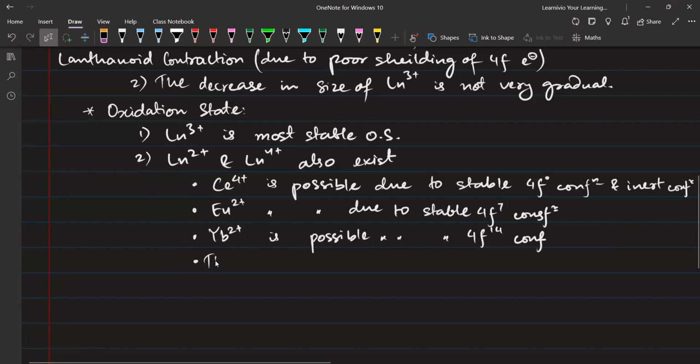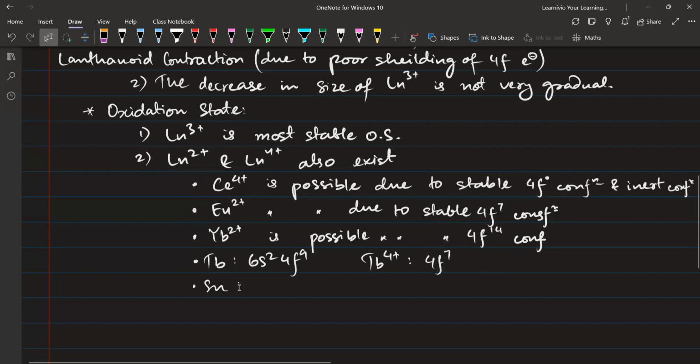Then we have Tb, which has electronic configuration of 6s2 and 4f9. यहाँ भी Tb4 positive is possible because that will give you, from the s and 2 electrons from the 4f, it will give you 4f7 configuration, that is half filled.